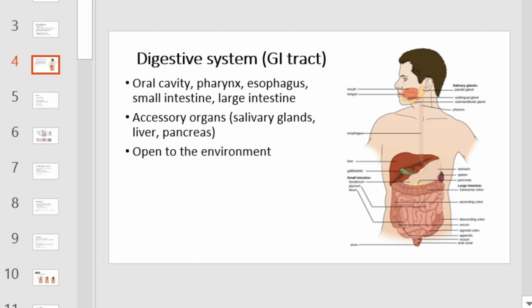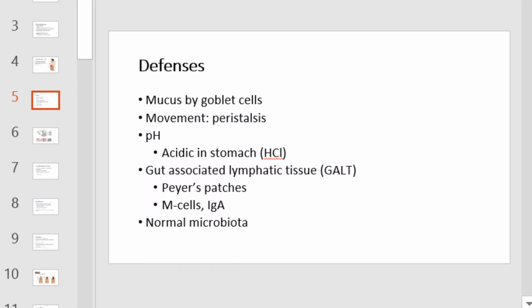Your GI tract is comprised of the oral cavity, pharynx, esophagus, small intestine, and large intestine. It also has accessory organs such as the salivary glands, liver, and pancreas. It is open to the environment. As such, it must defend itself against foreign invaders. The GI tract has a number of warm, dark, and moist areas that could easily support the growth of pathogenic organisms.